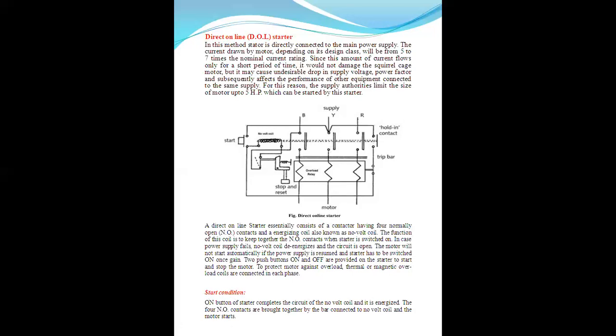The four NO contacts are brought together by the bar connected to the no volt coil, and the motor begins to start. When the coil gets energized, the supply is directly provided to the motor and the motor gets started.